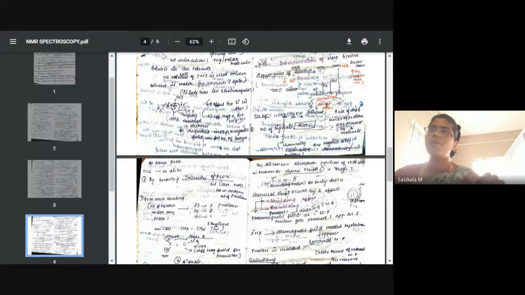So this is the number of squares present under the peak, like squares in a graph. We have to count how many squares are present. If it is in the 30s, it indicates 3 protons. If it is in the 20s, it indicates 2 protons. If it is in the 10s, it indicates 1 proton of the same kind. That we can conclude from peak area counting.